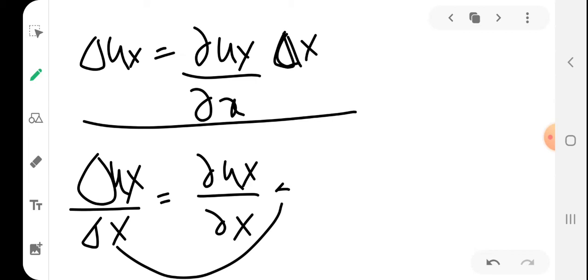Similarly, you can write equations for the other delta terms.